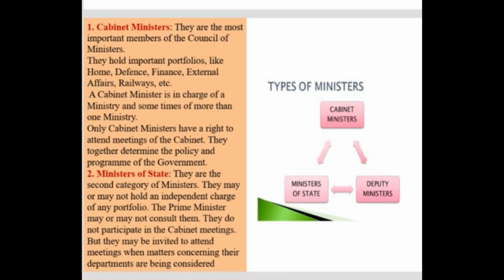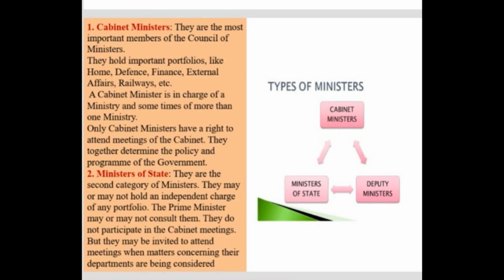Portfolios means positions here. So why are they referred to as cabinet ministers? Because they hold very important positions or ministries in the prime minister's governance, like home minister, defense minister, finance minister, external affairs minister, railway minister, etc.